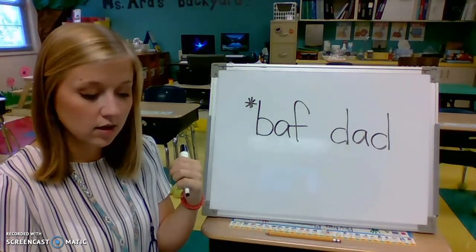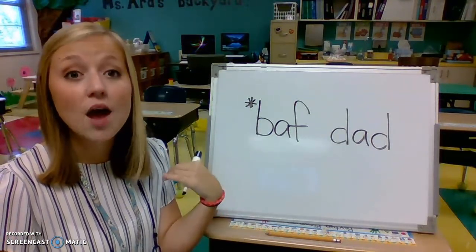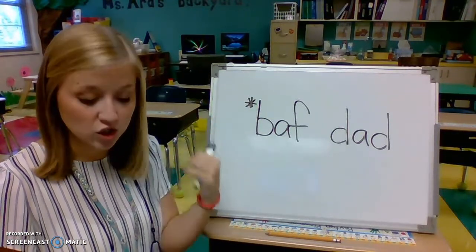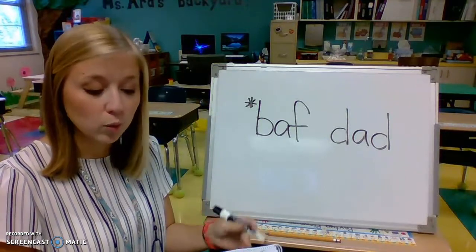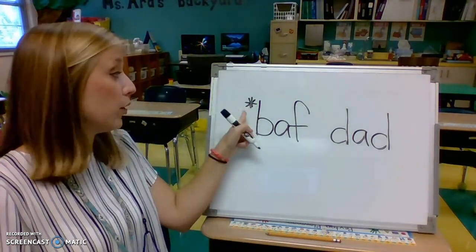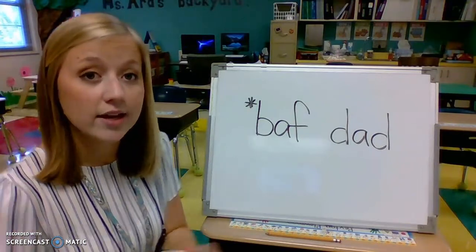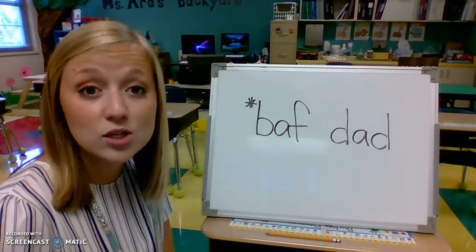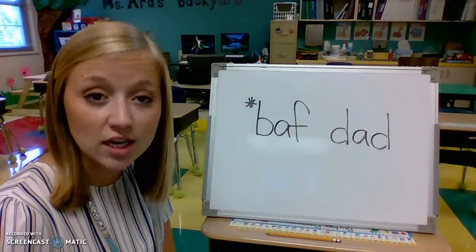Then you would say it back to me twice, the nonsense word D-A-G, D-A-G. And then you'd write it once on your board like we always do. And you'd put your asterisk in the front. Let's do that now on our whiteboards. Write the nonsense word D-A-G on your board.